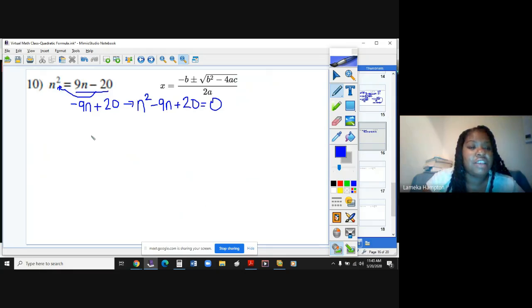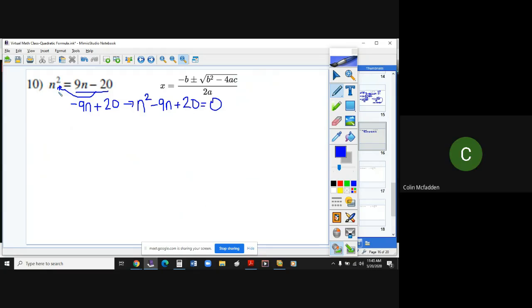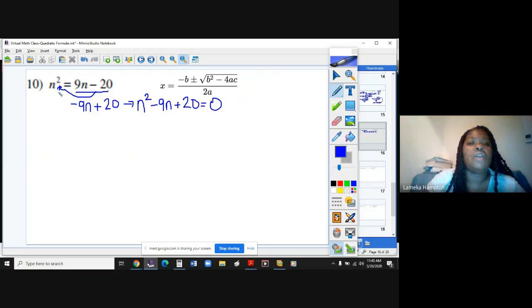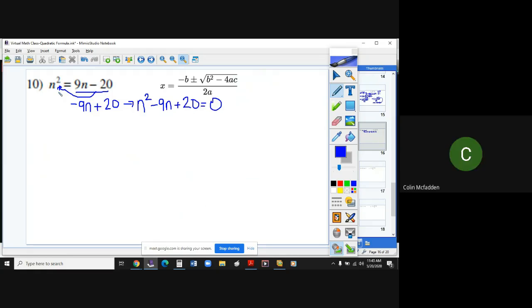The way I did it, I had to subtract 9n, because remember the goal is for me to get 0 on one side, correct? So when I did that, I made my 9n negative. That's where this negative 9n came from, because I moved it to the left, and that automatically made it negative. You with me? Yes. Okay.